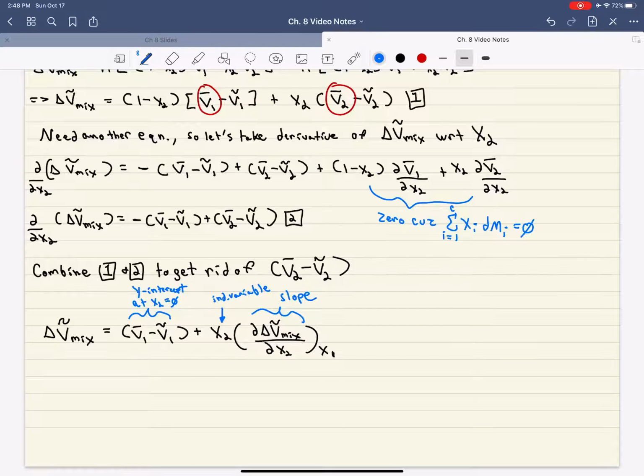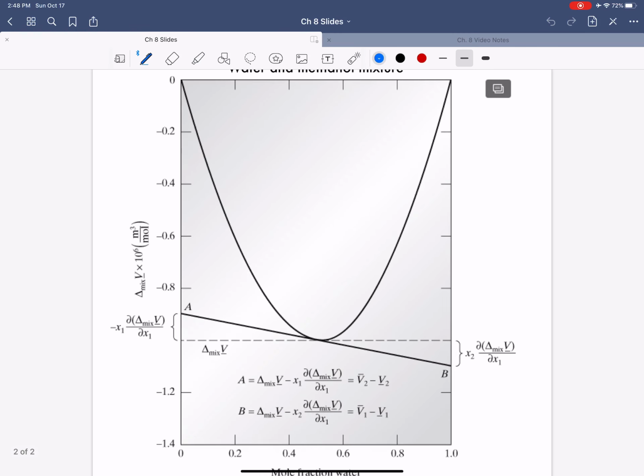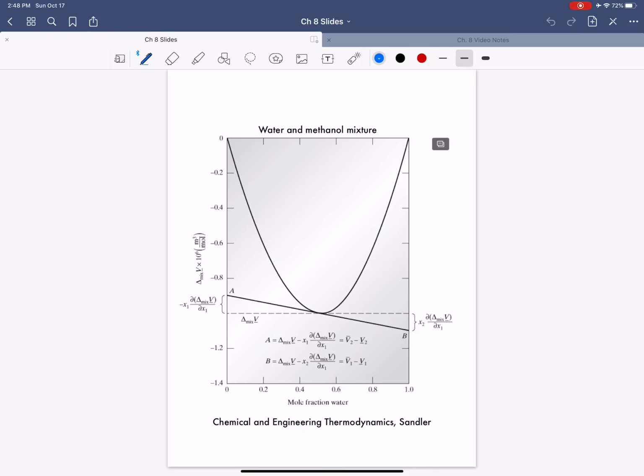Okay? And so that's essentially what this equation is telling us. And so how do we utilize this equation? If we take a look at another plot from the textbook, it shows us how we would apply this equation. We're looking at a mixture of water and methanol, and the delta V as a function of the mole fraction of water.